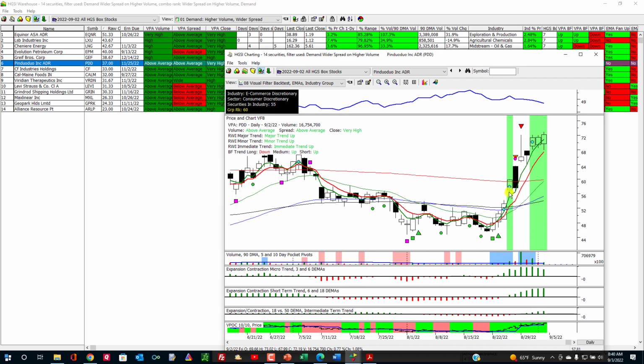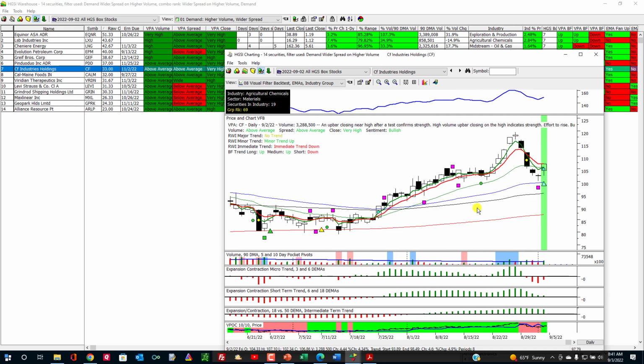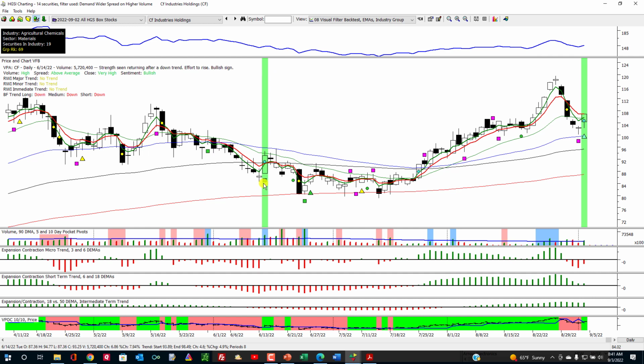Let's look at PDD. Demand here, shakeout, and then it looks like it's going higher from here. CF Industries. Demand scan here. Well, here's another one back here. I opened this up, and you can see that it didn't follow through. But it met the criteria.